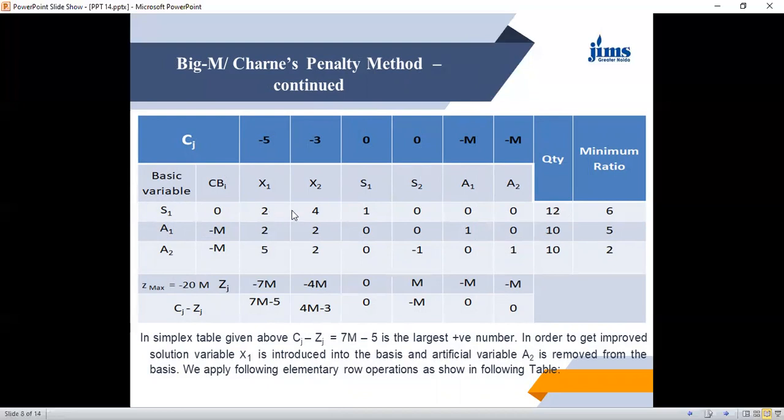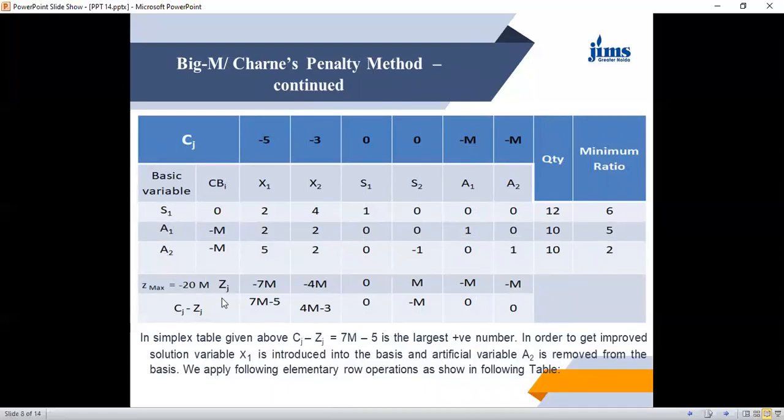So 12 divided by 2 becomes 6, 10 divided by 2 becomes 5, and 10 divided by 5 becomes 2. The row containing the minimum ratio is considered as the key row. We consider only the positive values. So this row, corresponding to the basic variable A2, will be the key row.